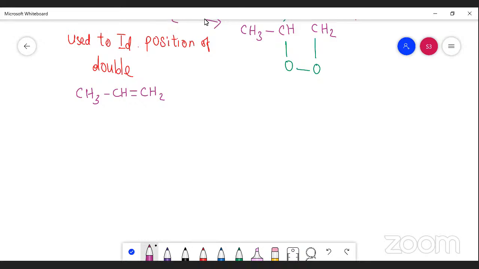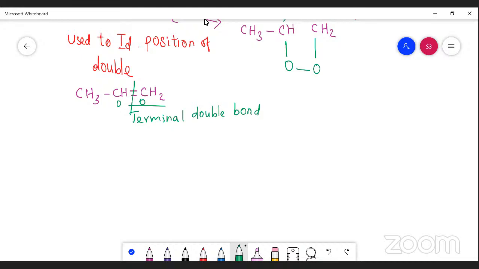So formaldehyde is one of the products that we may identify. It contains a terminal double bond. So terminal double bond is identified by this reaction, because on cleavage we get acetaldehyde and formaldehyde. So that is the use of ozonolysis.